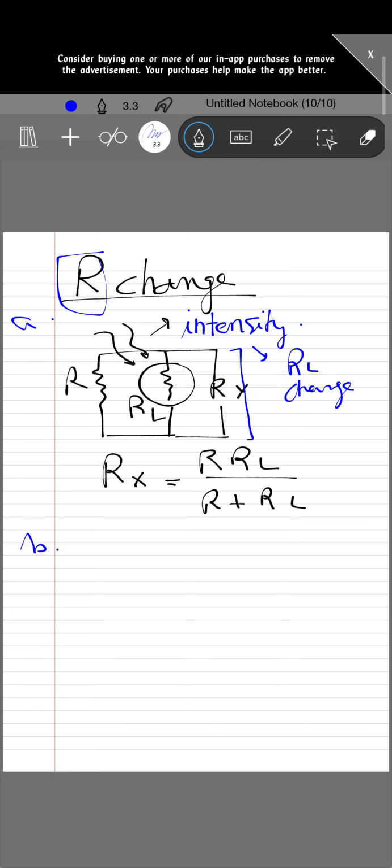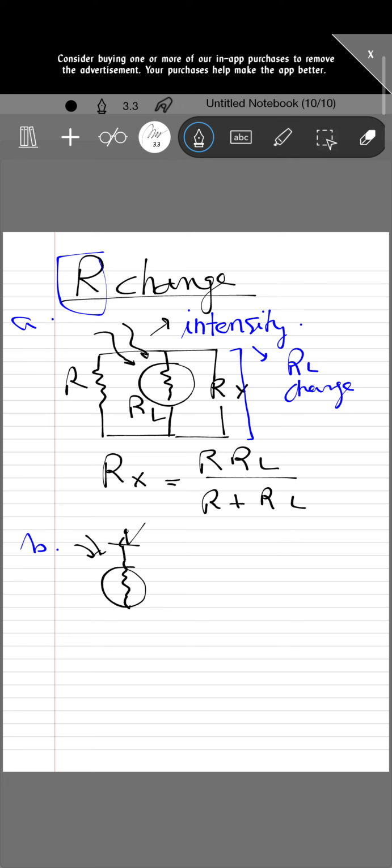The second application is called the voltage output. We have a voltage source V connected to a photoresistor which experiences light.